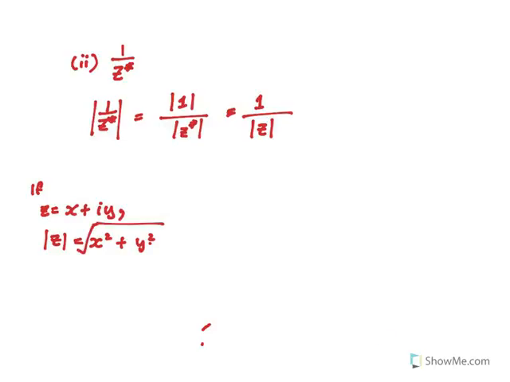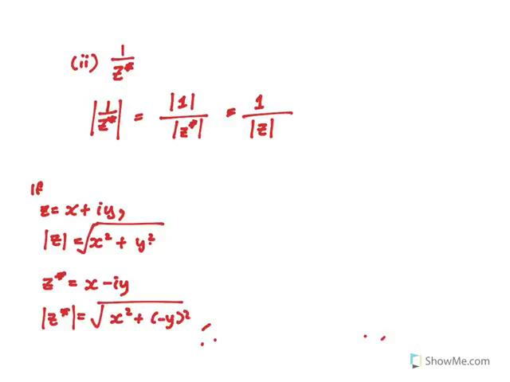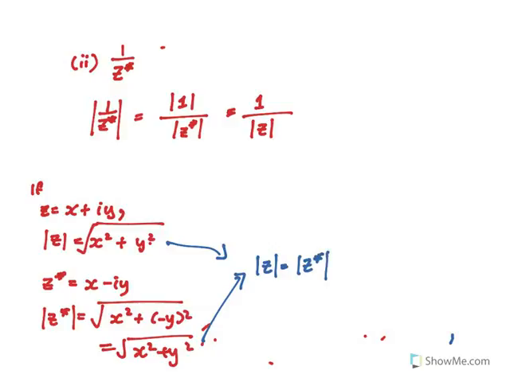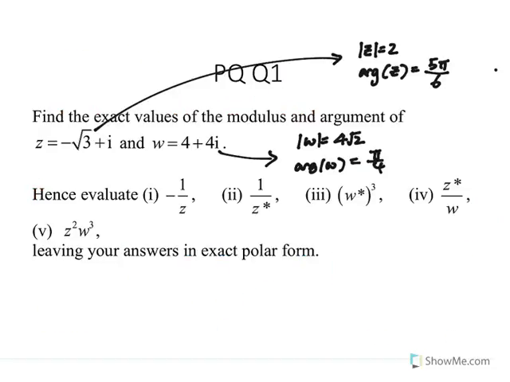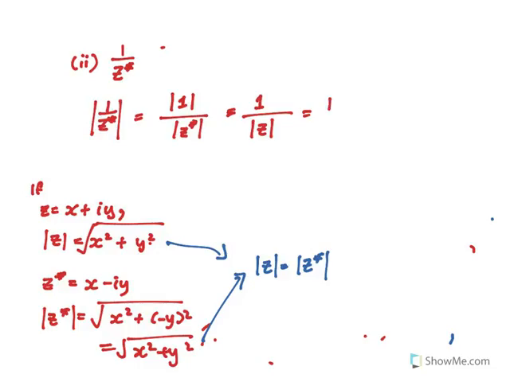If we take the modulus of the conjugate, this is the square root of X squared plus negative Y squared, which is the same as X squared plus Y squared. From these two, I hope you can remember that the mod of Z is the same as the modulus of the conjugate. So remember earlier we learned that the modulus of Z is equal to 2, so it's just 1 over 2.